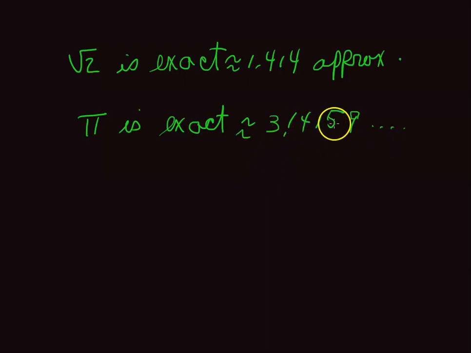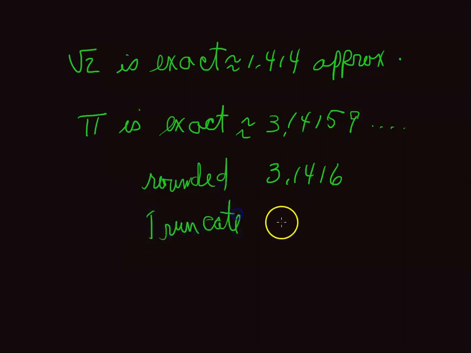But if you wanted this to be rounded to 4 decimal places, it's 3.1416. When you truncate, it would just be 3.1415. You don't care about the 9. If you want it truncated to 4 places, you just slice off the rest of it.